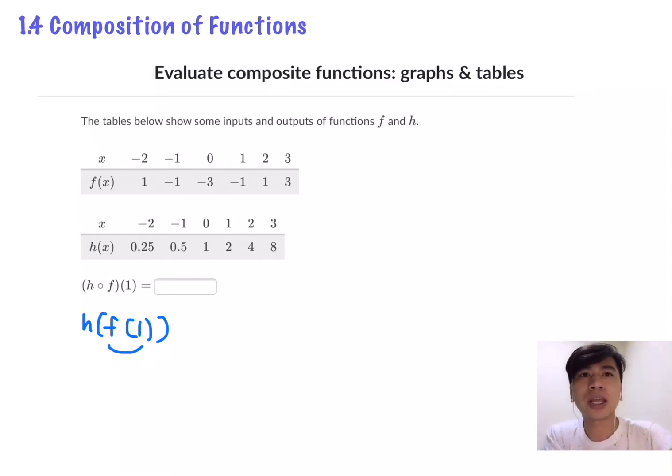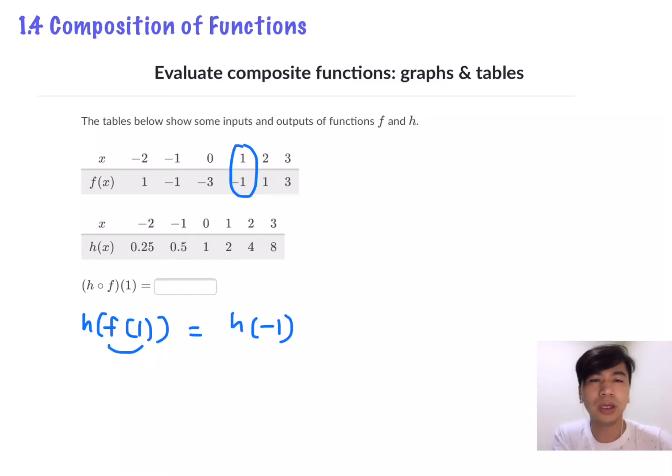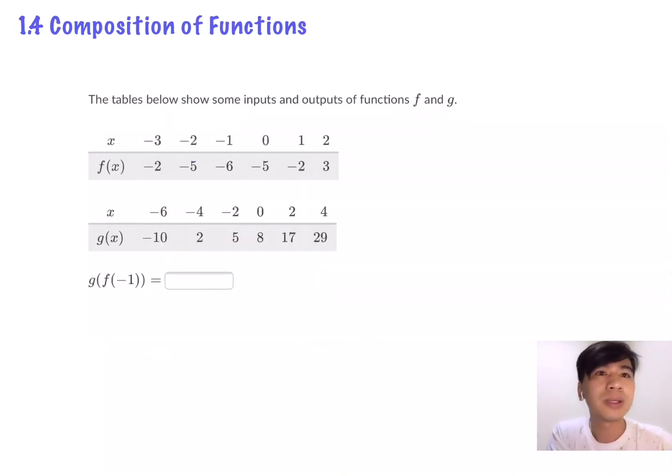Let's take a look at this table. F of 1 will be negative 1. So I'll use it as h of negative 1, and then I'll get this. So the answer to this will be 0.5.